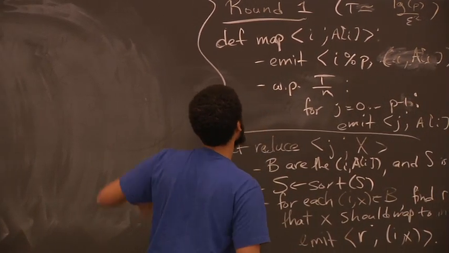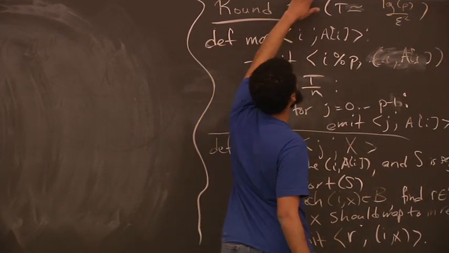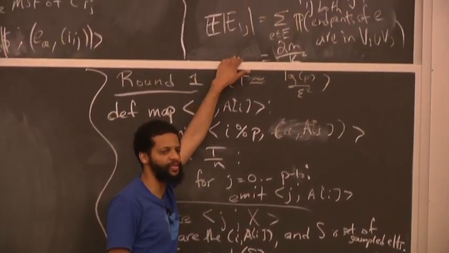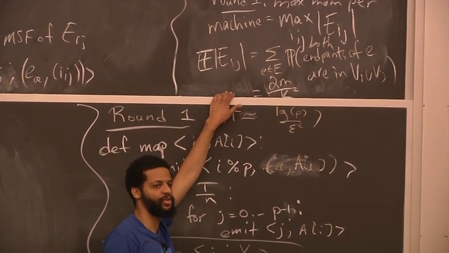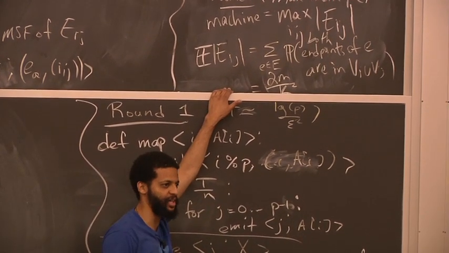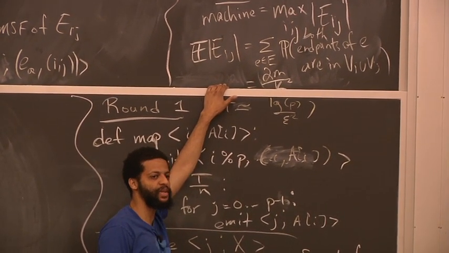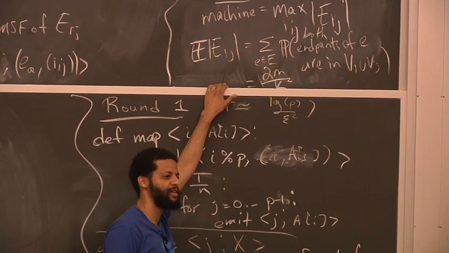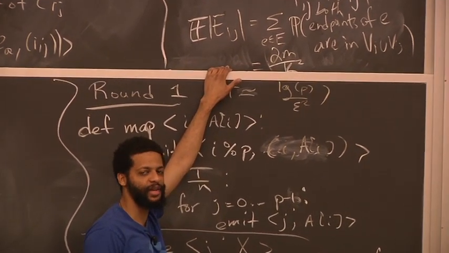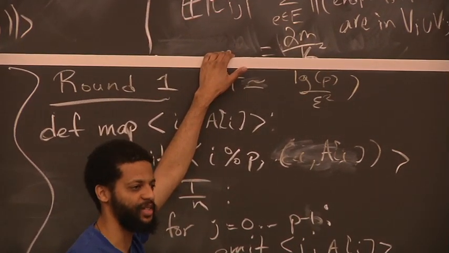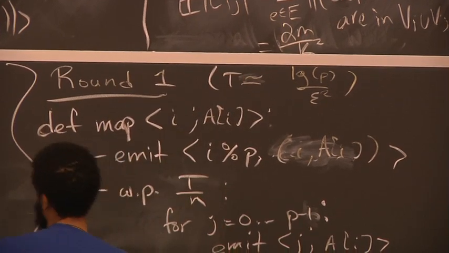If you look at how many edges land in the induced graph Gij, think about certain vertices that are very high degree. If you happen to sample them to that partition, then you're going to have a lot of edges.